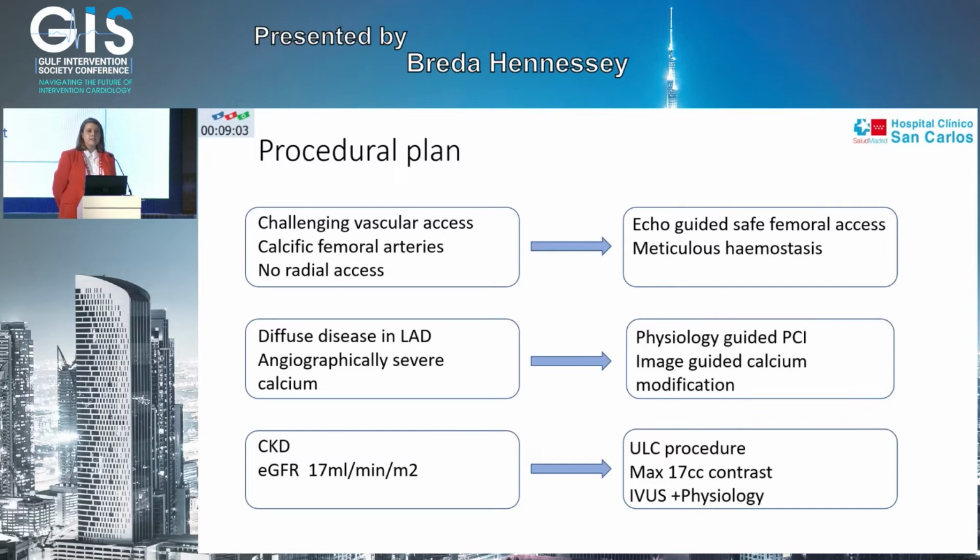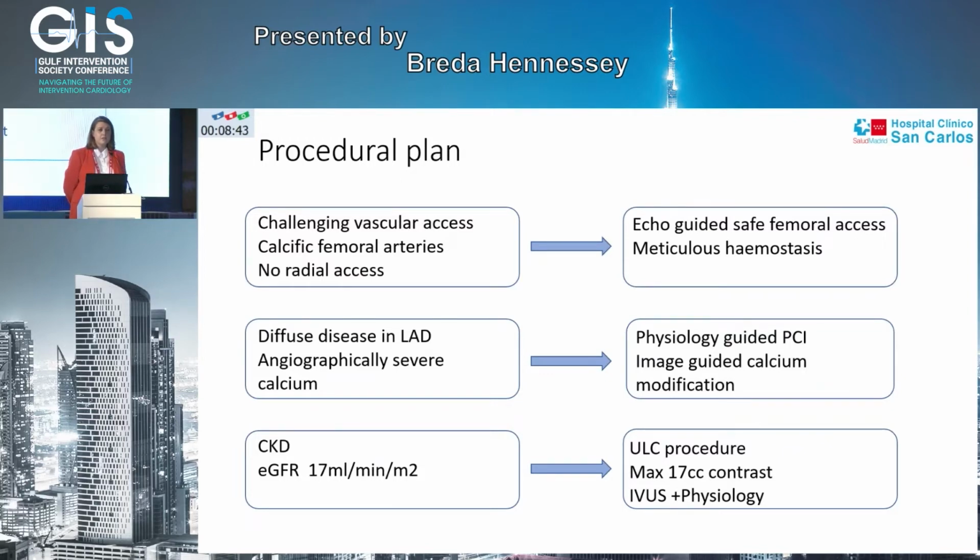We knew from the diagnostic that his femoral access was challenging and that he had no radial access. So we planned to perform safe femoral access using ultrasound guidance, which is standard practice in our centre, with a plan for meticulous hemostasis to avoid any bleeding issues afterwards.